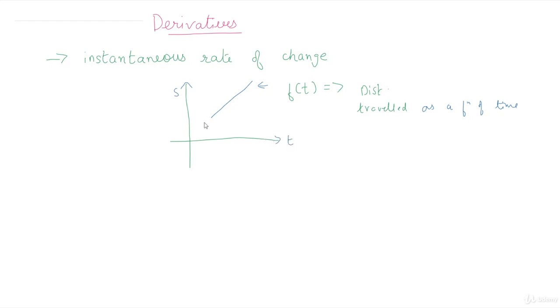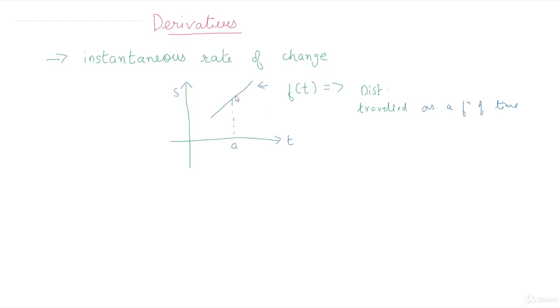So now we have to compute the instantaneous rate of change of distance with respect to time at a particular point. Let's say the point is this one, a, right? So we have to compute the derivative of this function, which is distance traveled, with respect to time. So how will we compute it? Let's say this is the first point, the point at which we are calculating the rate of change.